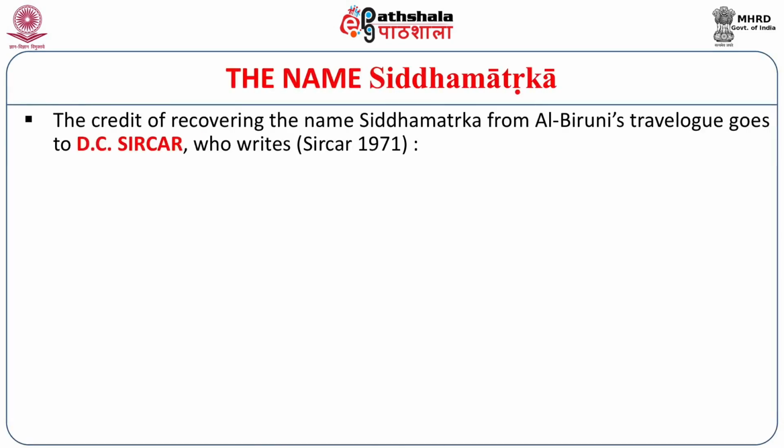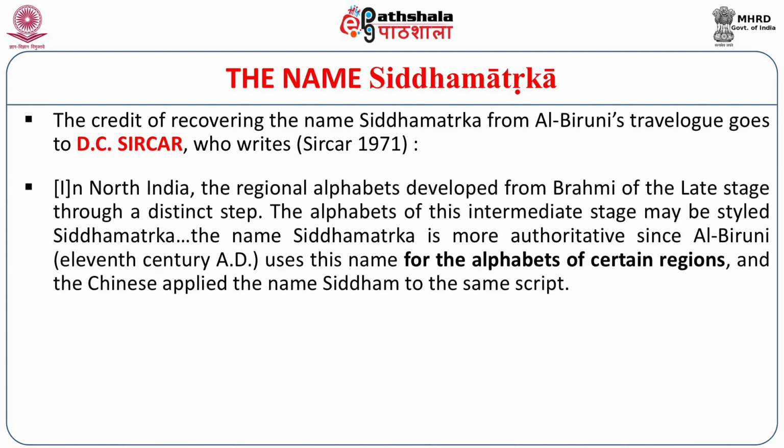but it was D.C. Sarkar who categorically suggested that al-Biruni was responsible for informing us about the names of the scripts, as we can see here in the quotation from D.C. Sarkar, who suggested that in North India, the regional alphabets developed from Brahmi of the late stage through a distinct step.